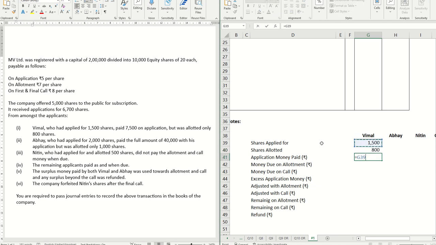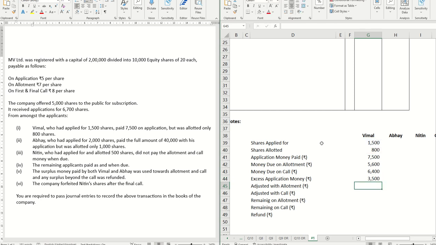Application money that he paid on 1,500 shares was 7,500, which is matching with the one given in the question. Money due on allotment from him is 800 shares into 7, and money due on call from him is 800 shares into 8 per share.